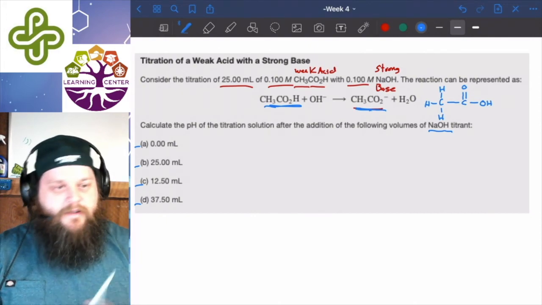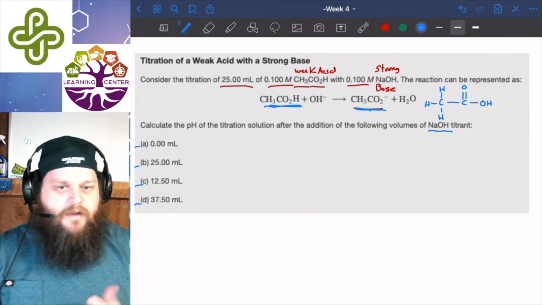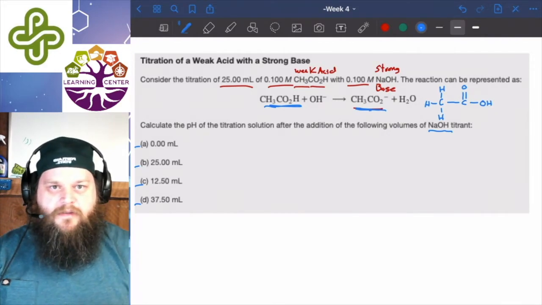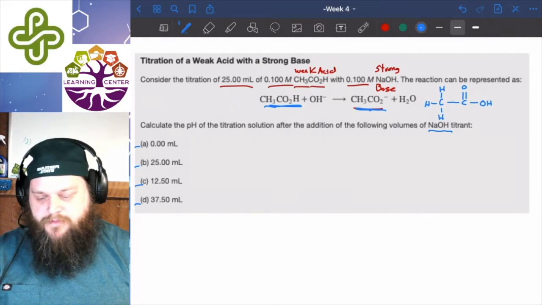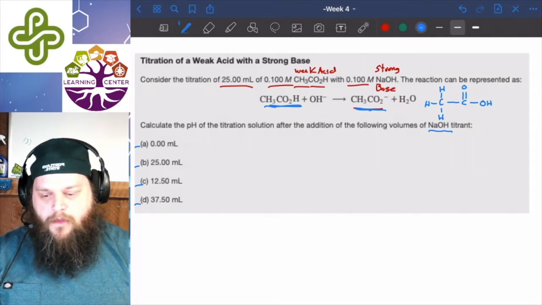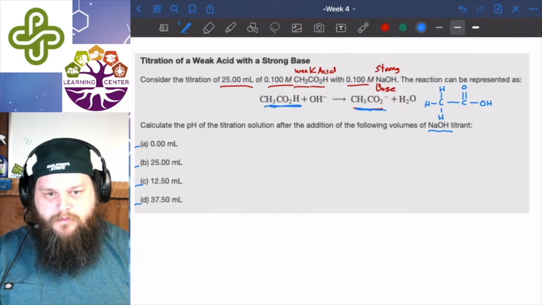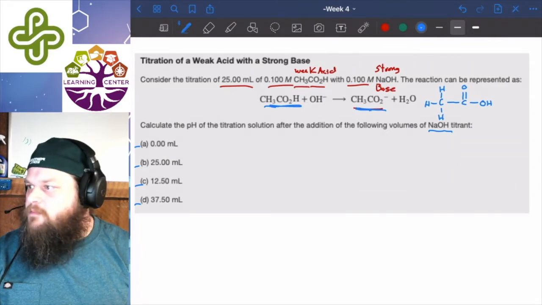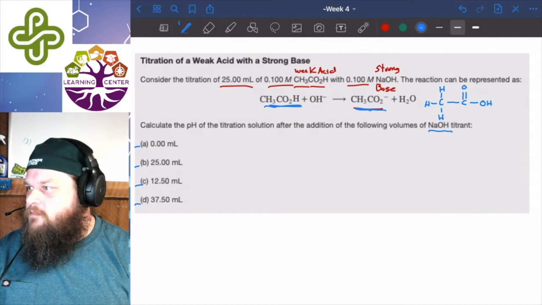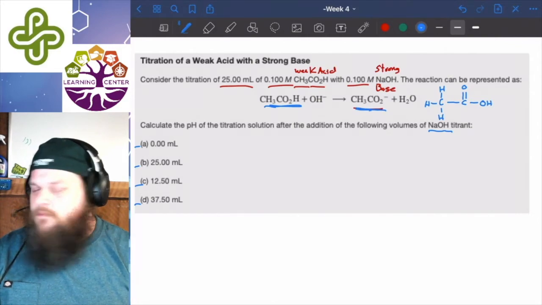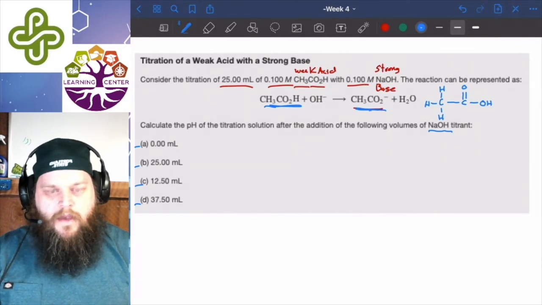We have added 0 titrant to it. Which equation do you think we want to use for this? Any thoughts?